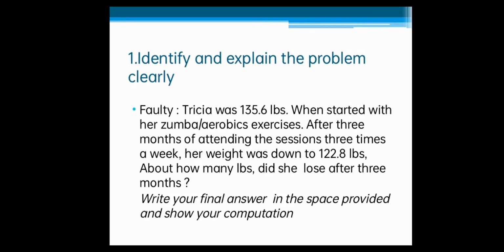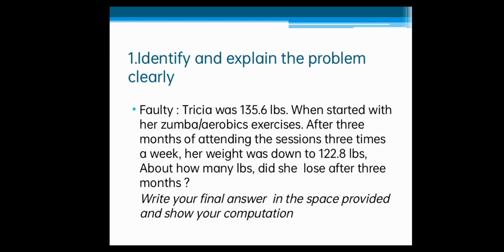About how many pounds did she lose after 3 months? Write your final answer in the space provided and show your computation. So this question asks about how many and does not indicate whether learners need to give the exact weight or whether they need to round off their answers and to what extent.